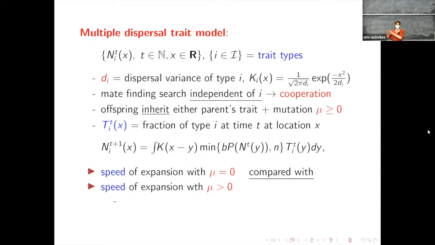You start with some initial conditions on how many individuals of the different types you have, and you evolve that in time. And then you compare that with the same scenario, but you allow mutation. So you allow changes between the traits for the fixed number of traits that you have. So you're not allowed to increase beyond what you already have at the start, just the traits that you already have. And you're wondering whether that wave would propagate faster or slower, right?